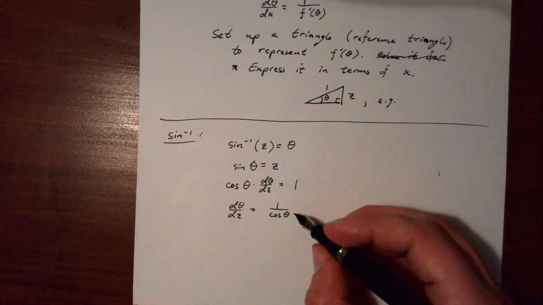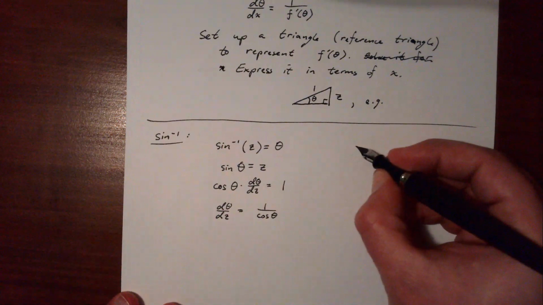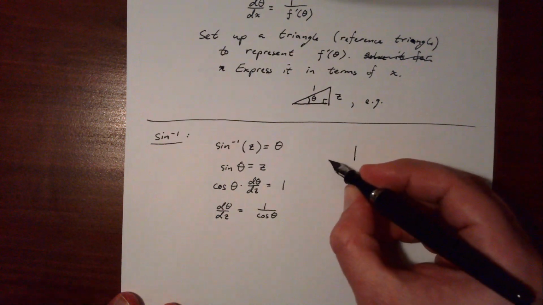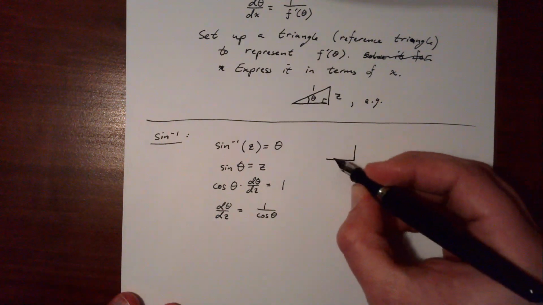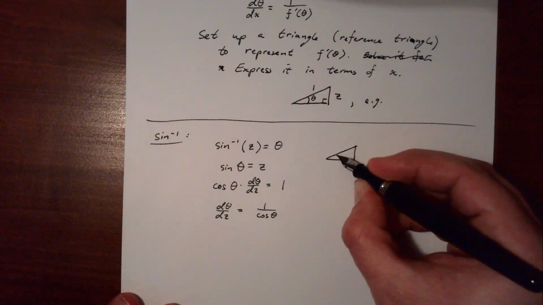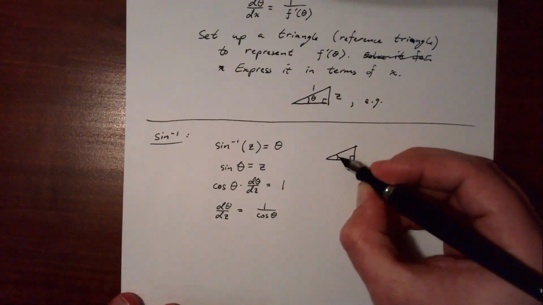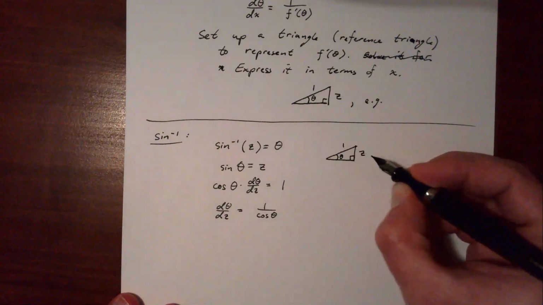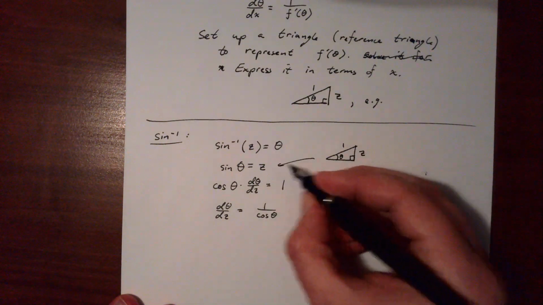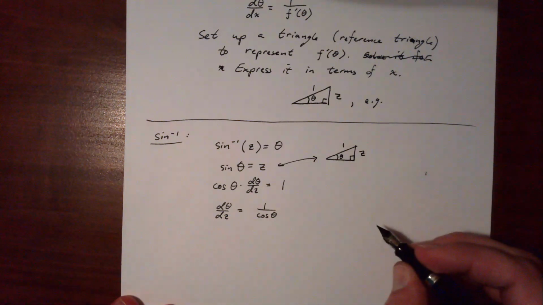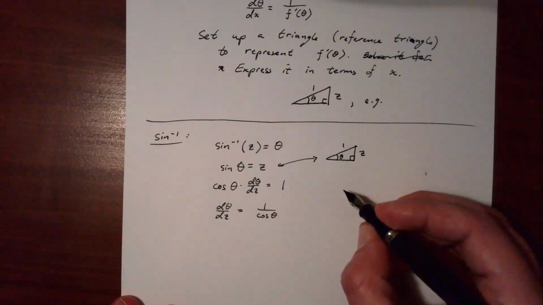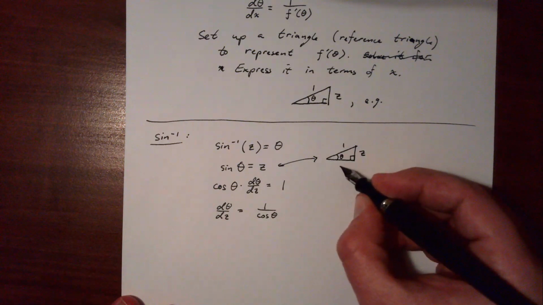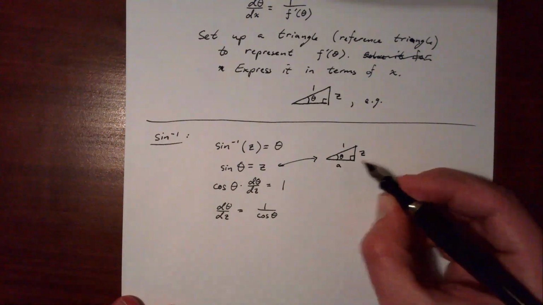So you get an actual expression like this. Now if we look at a triangle to reflect this original relationship, sine of theta equals z. Well, sine is opposite over hypotenuse. So if that's theta and the hypotenuse is 1, and z here, this reflects this triangle. Now, if I want the cosine of that very same angle, then I need this adjacent side.